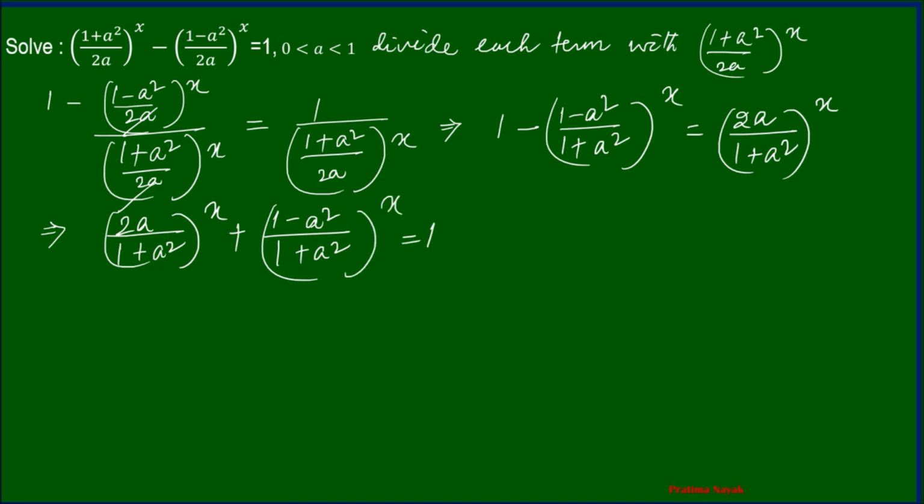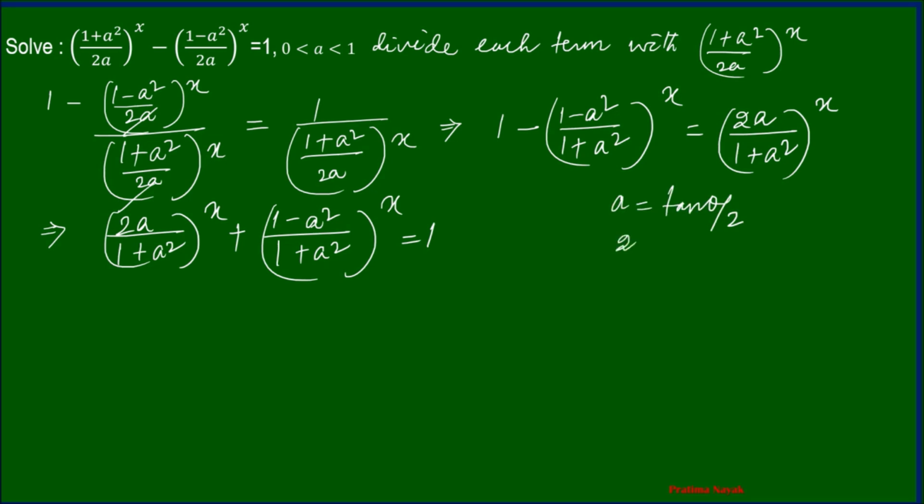So now we need some critical thinking. We have to find a similar formula or relate this with trigonometry. If I take a is equal to tan theta by 2, we know these two formulas.